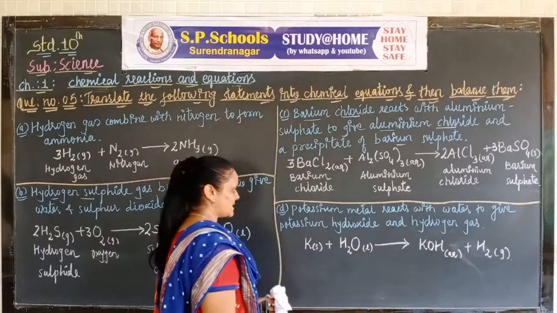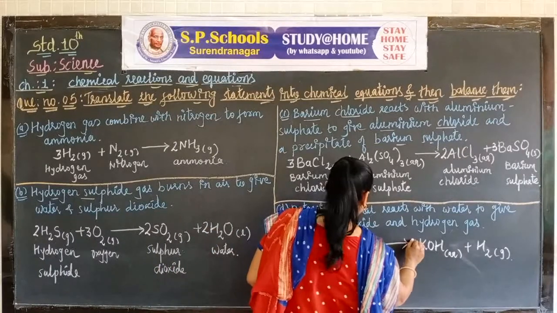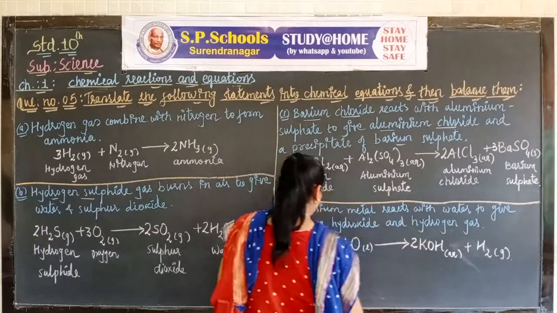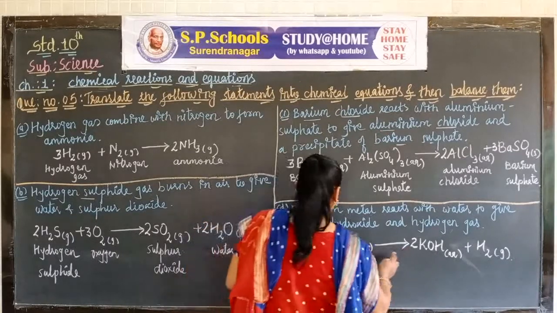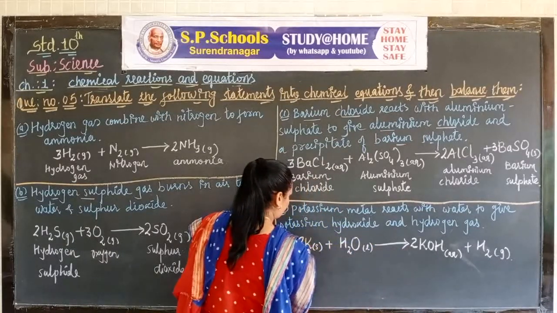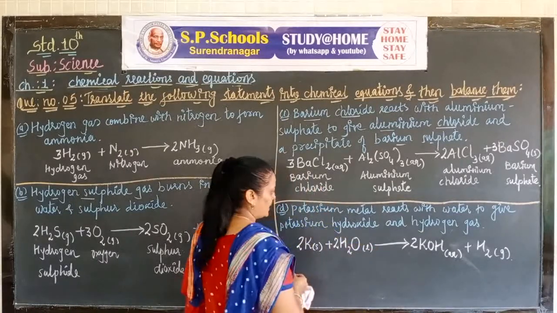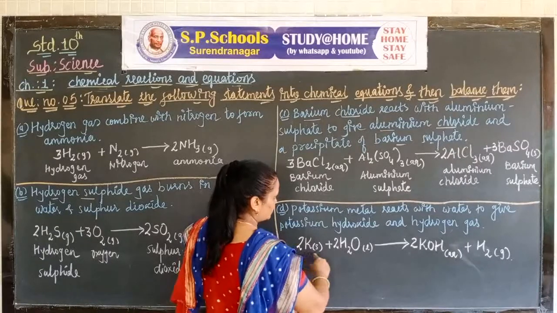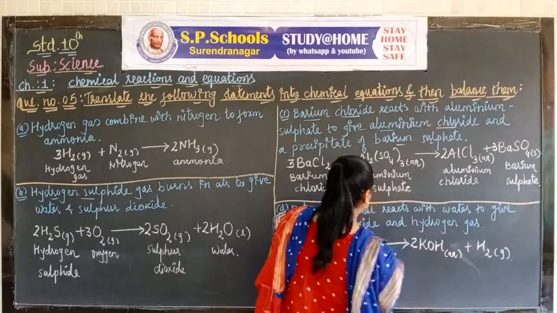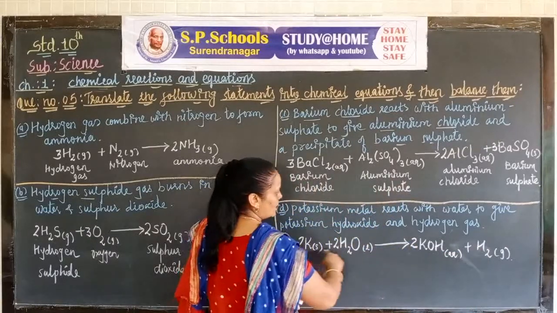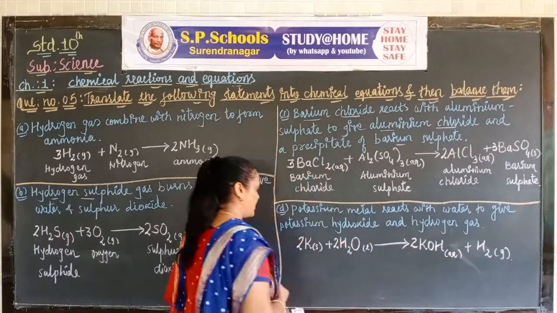To balance the equation, balance molecules of oxygen, so we put 2 here. To balance the potassium, 2 here, and to balance oxygen, 2 here. Now the molecules of hydrogen, 2 2s are 4, here 2 hydrogen, 2 2s are 4, 2 potassium, 2 oxygen, so equation will be balanced.